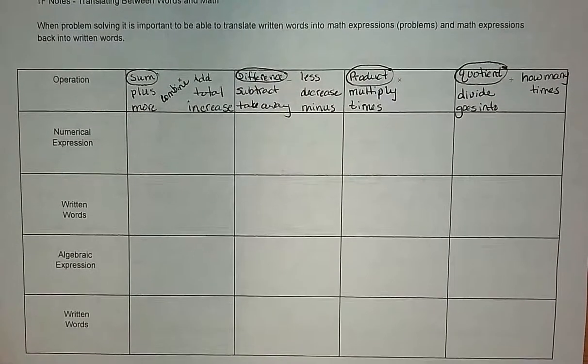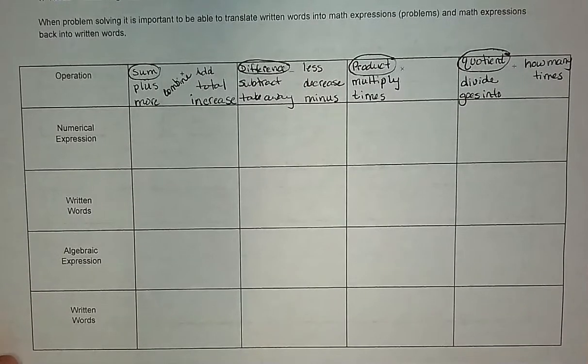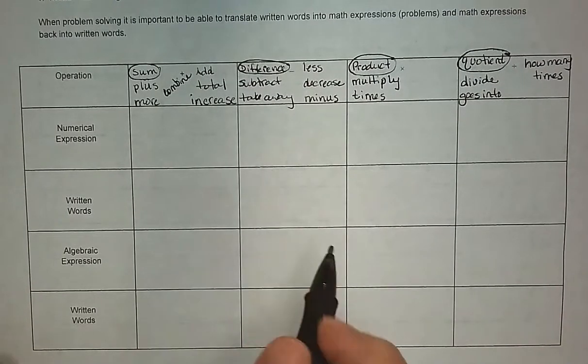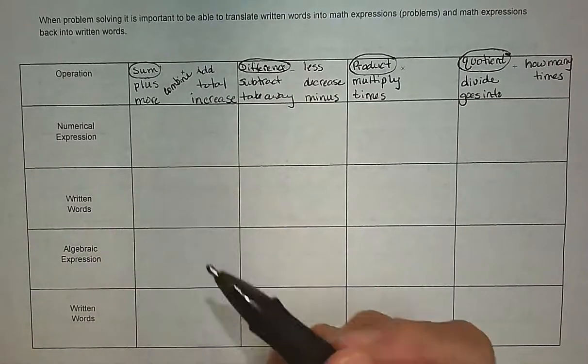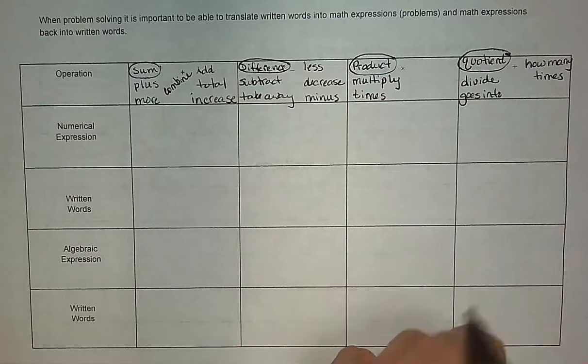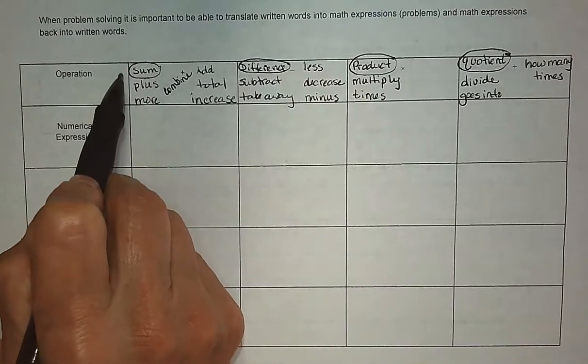So I've got some words written down for you across the top of your paper for the different operations. So for addition, and these are not all that you might see, these are just some ideas to help you get started. But the answer to an addition problem is called the sum.